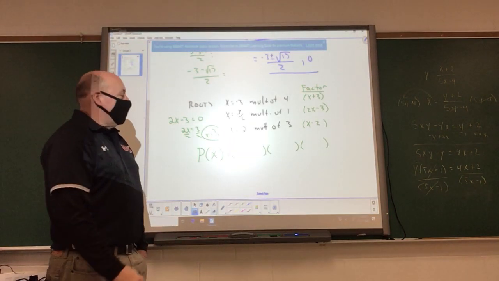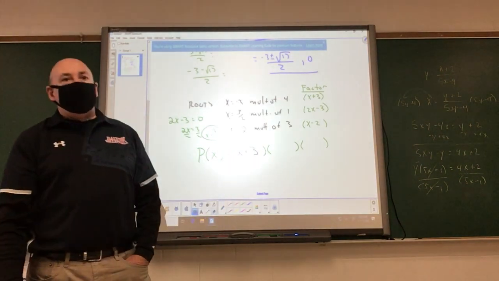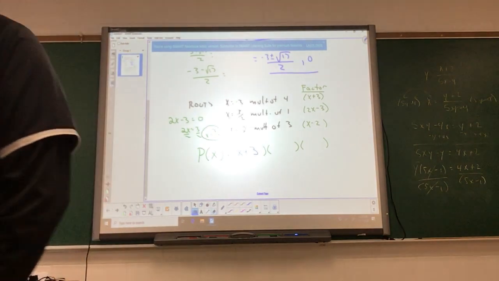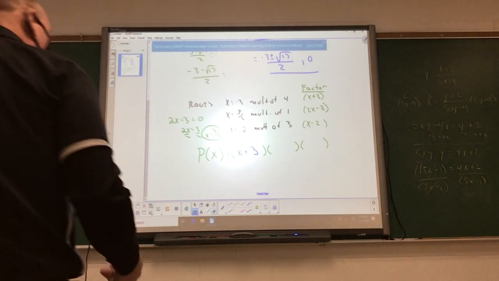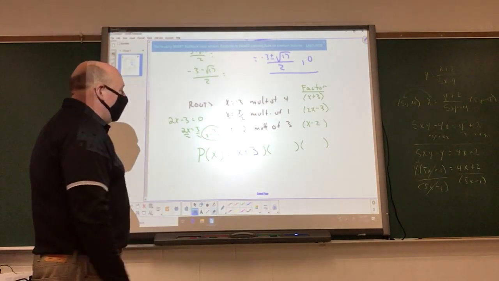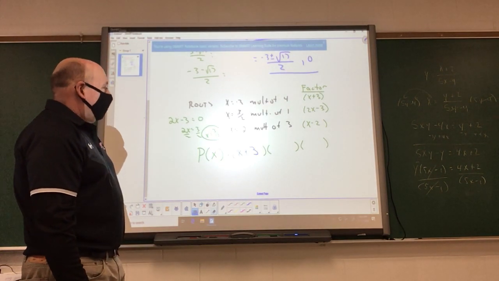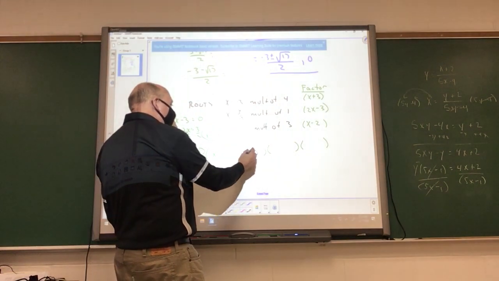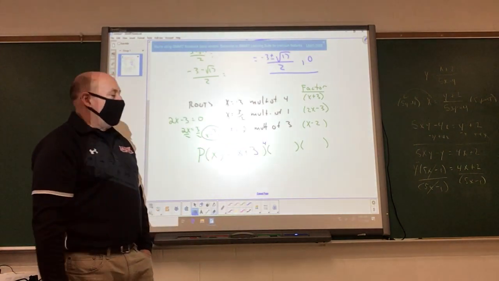So my factor is x plus 3, and I have a multiplicity of 4. What do I do with that multiplicity of 4? Where would that go? To the fourth power. The whole factor to the fourth.